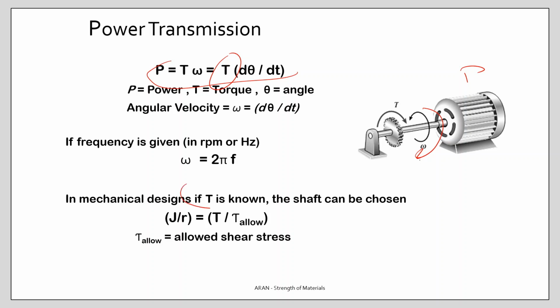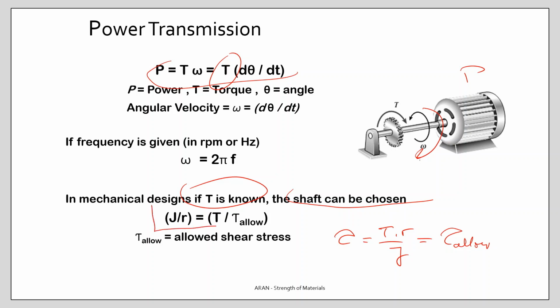So if you know the torque, you can choose a shaft, and the formula is: on the shaft surface, the shear stress is T times R over J, and this should not exceed the allowed shear stress for the material.